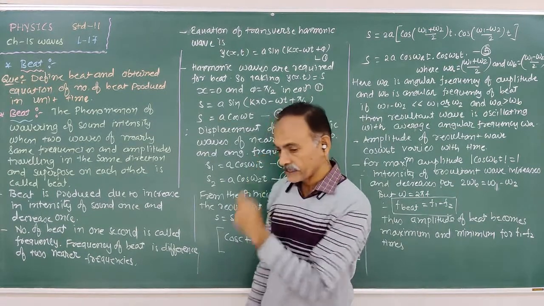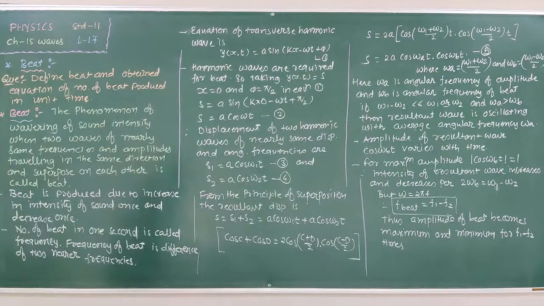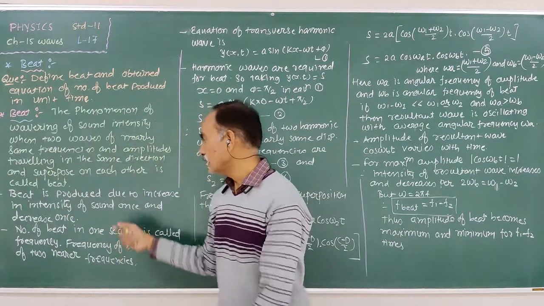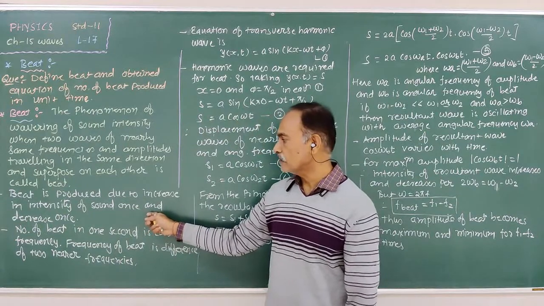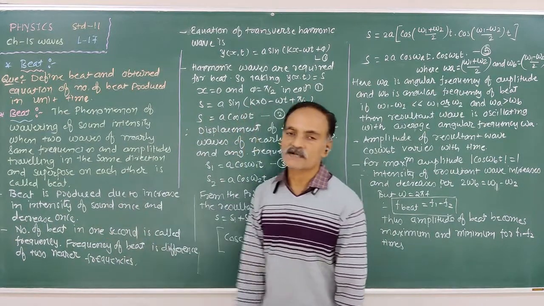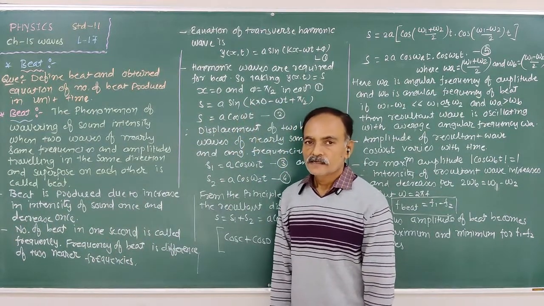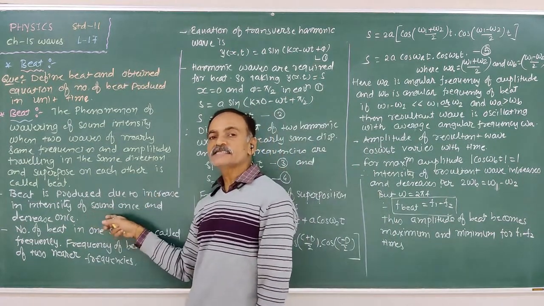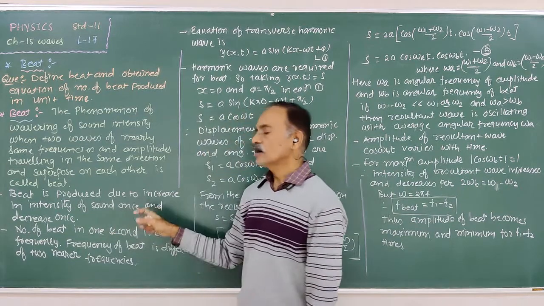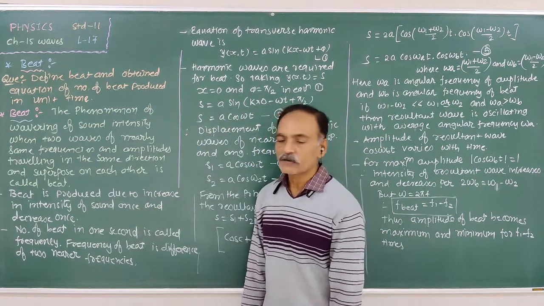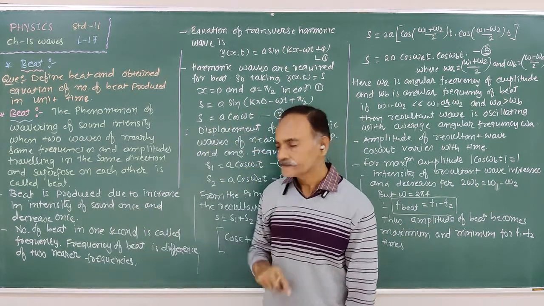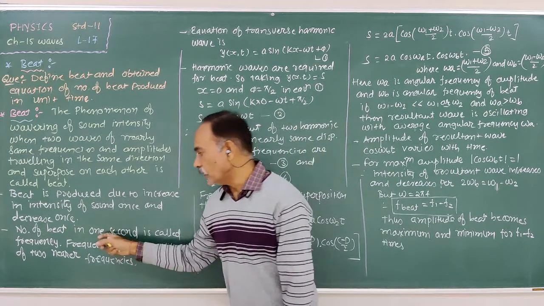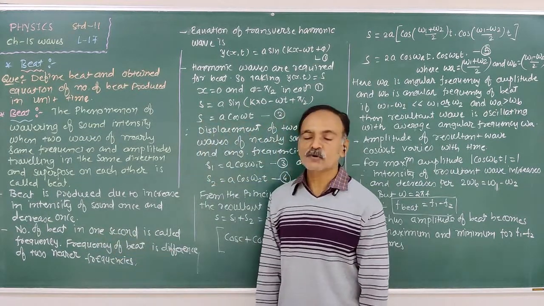Clear this? Okay. Now, beat is produced due to increase in intensity of sound once and decrease once. Number of beats in 1 second is known as the frequency.